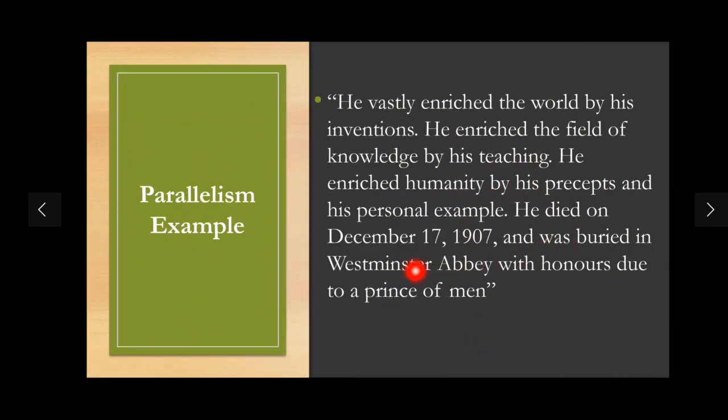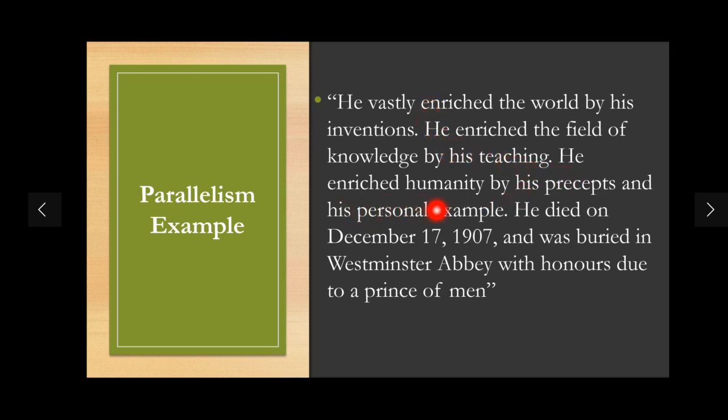Here we have another example of parallelism. He vastly enriched the world by his invention. He enriched the field of knowledge by his teaching. You can see that this structure is repeated in the second one. What he did is also repeated in the second sentence.